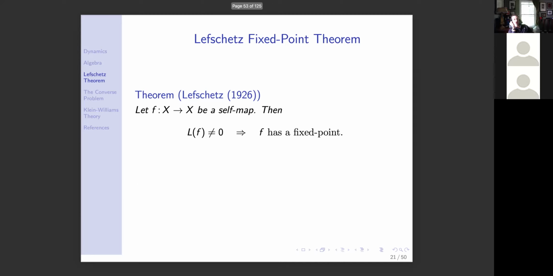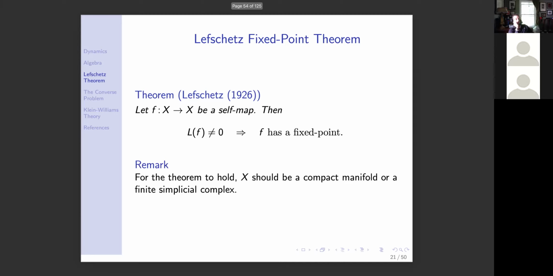By the way, one of the main tools, but not the only tool, in that theorem is the thing I mentioned about permutation matrices, a self map of a finite set. For the theorem to hold, X should be a compact manifold or a finite simplicial complex.